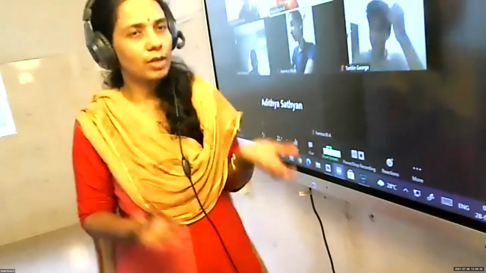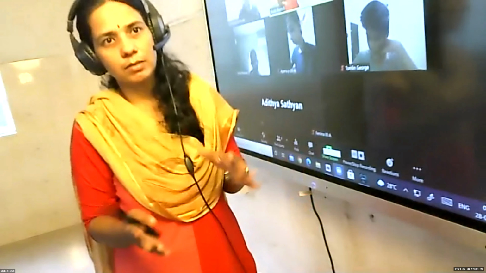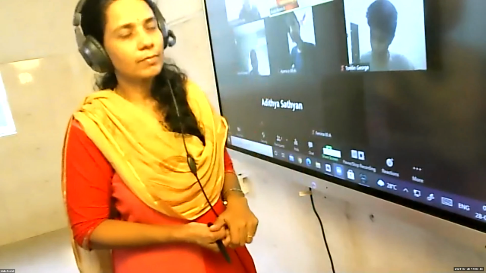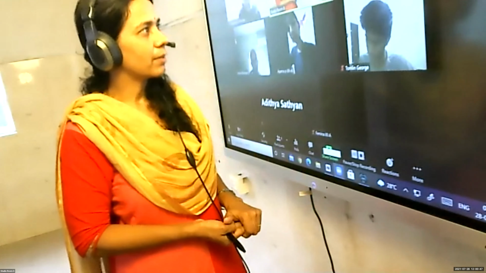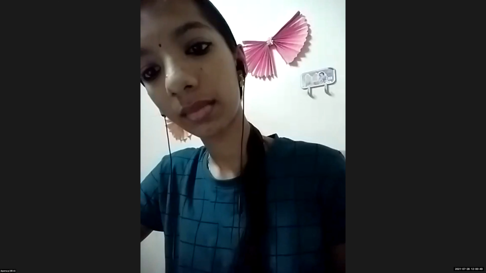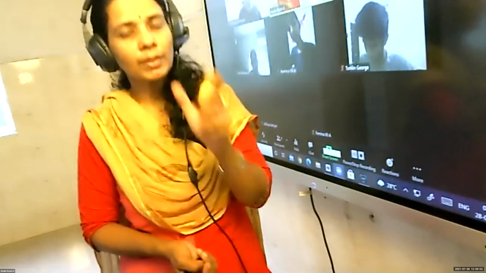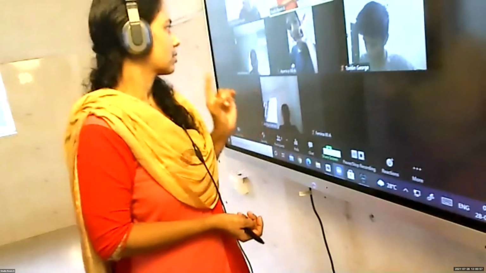For a given matrix, only one inverse, unique. Okay, that is the important word. For a given matrix, there exists a unique inverse. Only one inverse will exist.